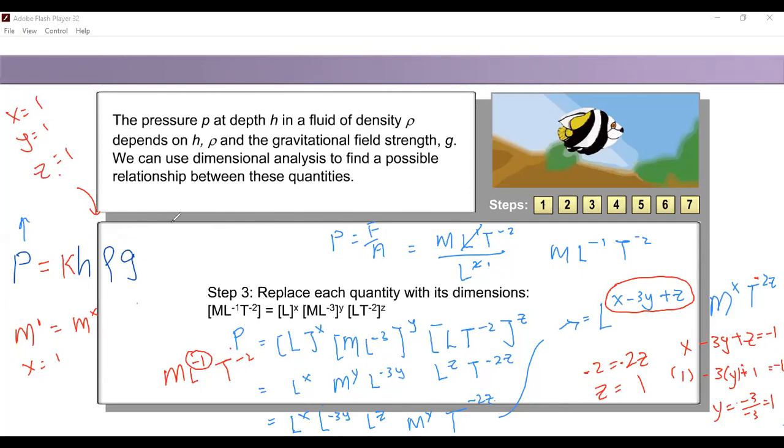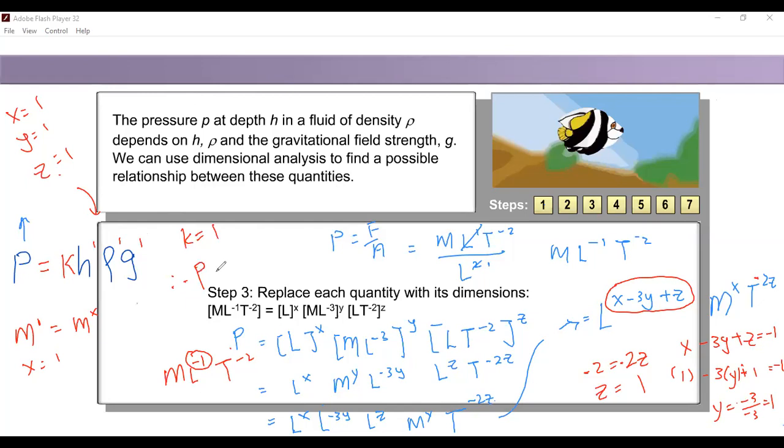So that means that this is 1, 1, 1. So finally, from the equation, we notice that the K, they didn't show anything to the K. So that means that we can set the K equal to 1.